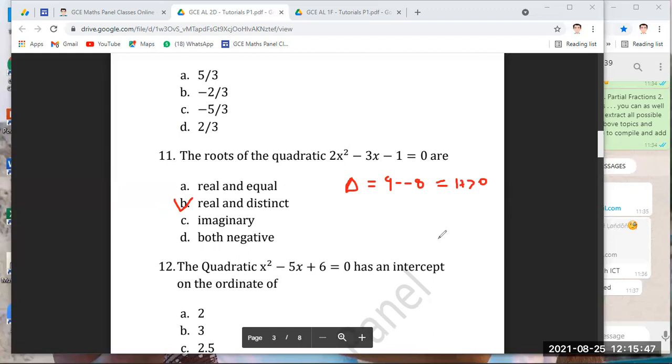All right, question 12. This quadratic has an intercept on the ordinate of. What is the ordinate? Which axis is called the ordinate? There are two axes.